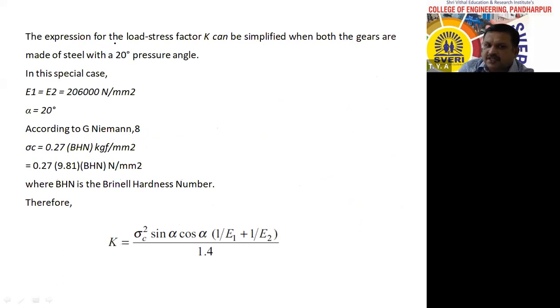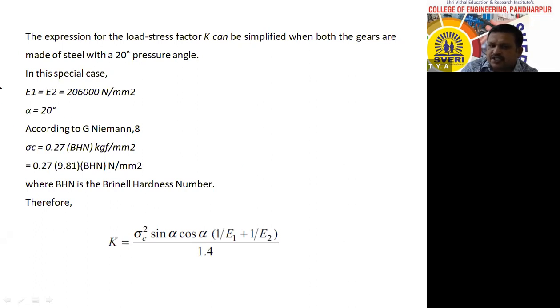Therefore, the expression for the load stress factor K can be simplified when both the gears are made of steel and 20-degree pressure angle. In this case, E1 is equal to E2 is equal to 2.06 into 10 raised to 5 Newton per mm square. Alpha is equal to 20 degree.